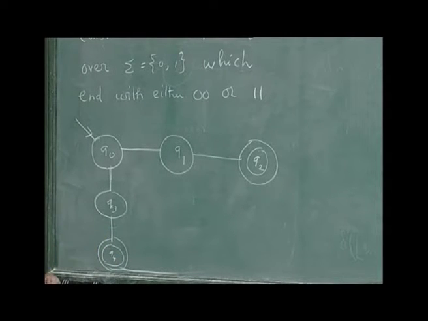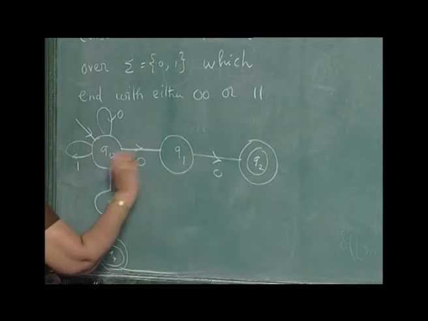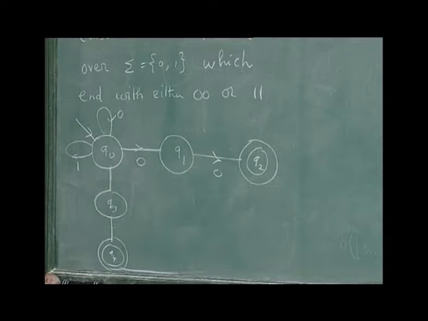You can very easily draw the non-deterministic diagram like this. First you can read any string of zeros and ones, and once you get 2 zeros, that string will be accepted. It should end with a 0 0 or with a 1 1.